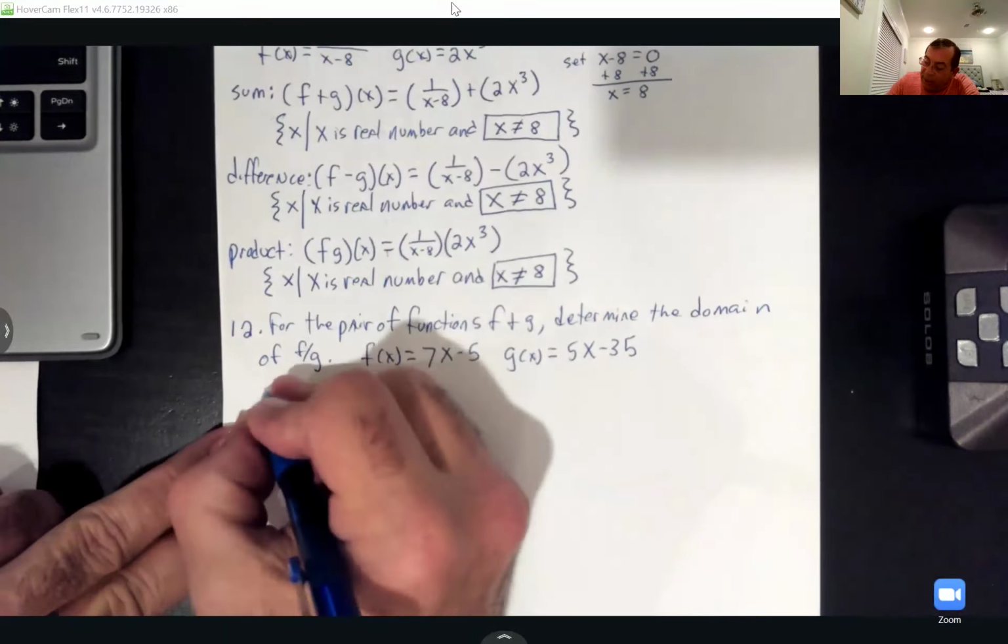The biggest mistake I get is people work the top. Well, remember, the top can be 0. We're only worried about that bottom. So set 5x minus 35 equal to 0 and solve that for the x. So y'all, we're going to what? Add 35 to get the x's by themselves.